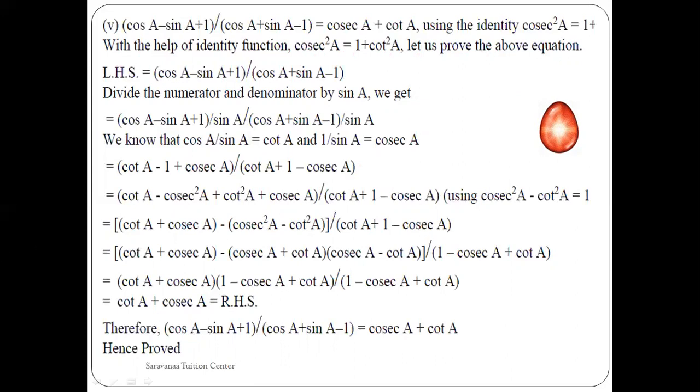So take the LHS, (cos A minus sin A plus 1) by (cos A plus sin A minus 1). Divide the numerator and denominator by sin because it is in the second place. In that question also cos A was in the second place, so we divided everything by cos, and in this one we have sin A in the second position and you need to divide everything by sin.